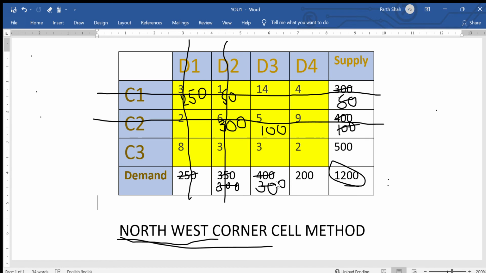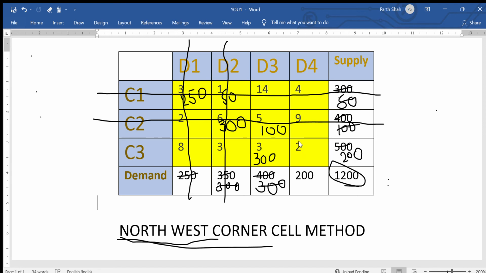We allocate 300 here itself, and 500 minus 300 leaves 200 remaining for company 3.